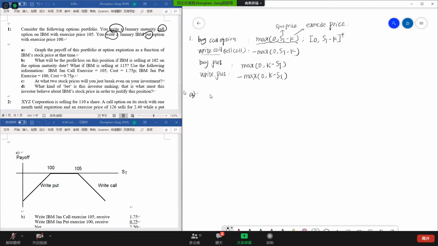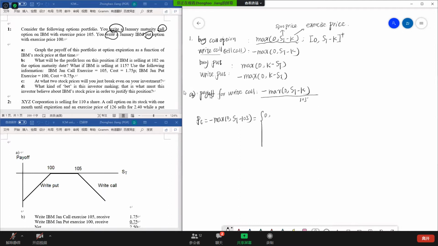For question A, the payoff for write call, where the exercise price is 105, is this, and we can write it like this.